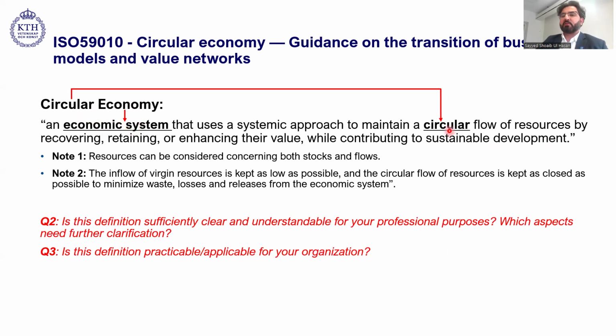Circular, we are using the term circular. Not to judge this definition, but we leave it to you if it really helps you or if it can be improved further, so the reader gets better understanding of what circular economy is. But this is a basic rule that a circular economy shouldn't be circular. So not everything circular is good. At least a circular definition is not a good definition. It doesn't help the reader understand the concept better.